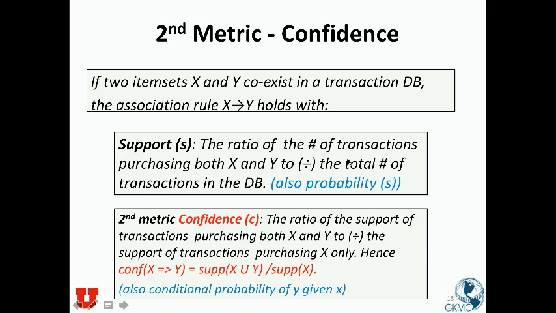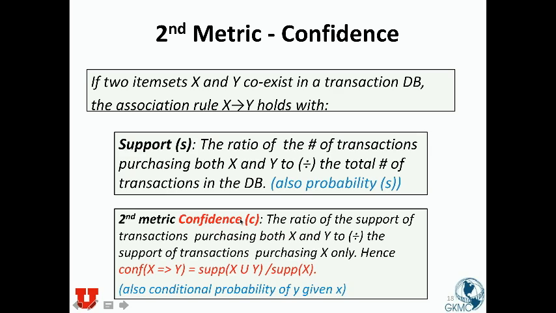So now let's talk about the second metric that is important to association rule mining. The first metric, support of an association rule, was given and discussed previously. The second metric is confidence, abbreviated as conf, and support is also abbreviated as sup.